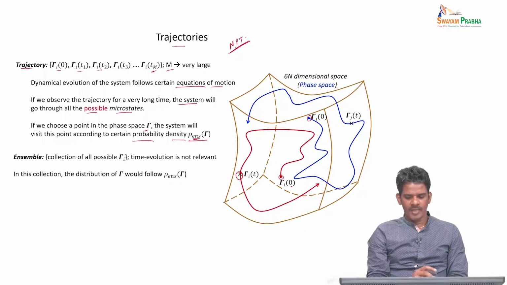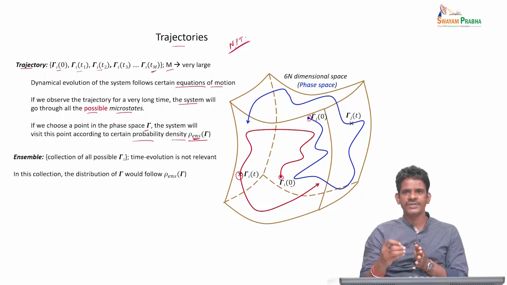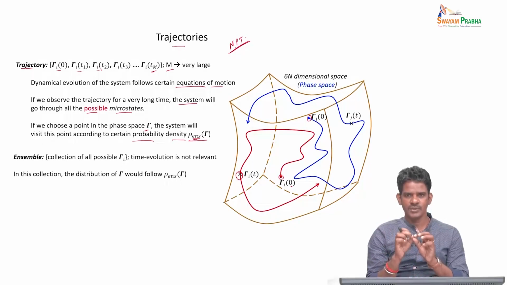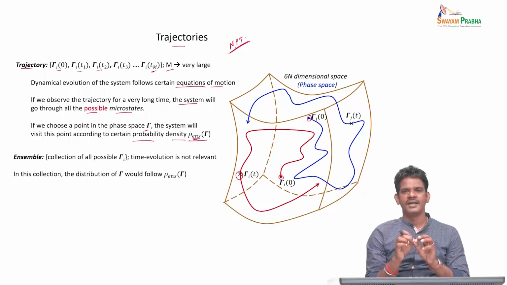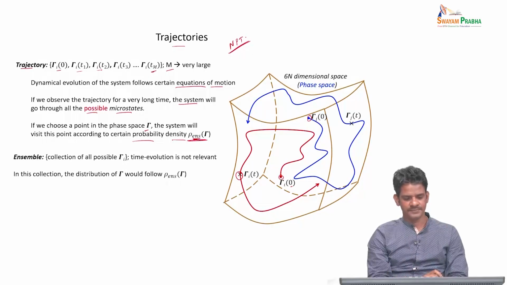The important point to remember is the system is evolving dynamically through the phase space, and a trajectory is nothing but a time sequence of these microstates. And if you look at any particular point in phase space and ask what is the probability that a system will visit this microstate, that is given by a probability density function rho ensemble.